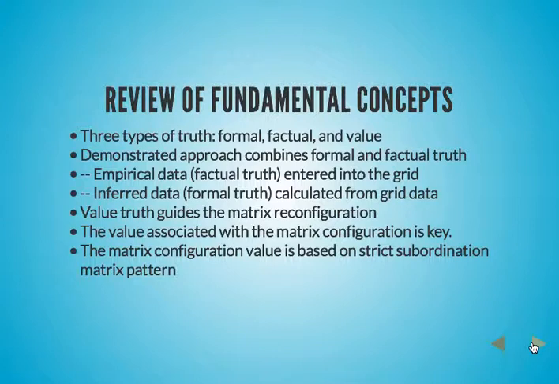The value in this case is associated with the final known configuration we want for the structure of the matrix. This configuration is based on a strict subordination matrix pattern. We have 19 cities and we only allow one city at each level, therefore we have 19 levels. We know a lot of information and can infer a lot of information using the strict subordination matrix pattern.